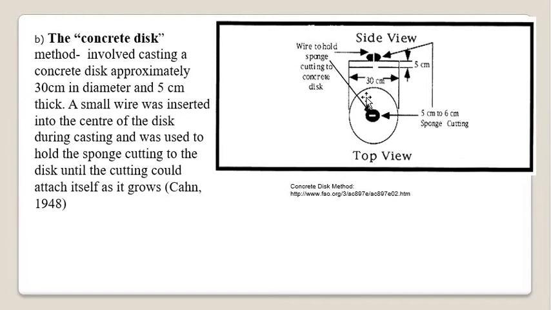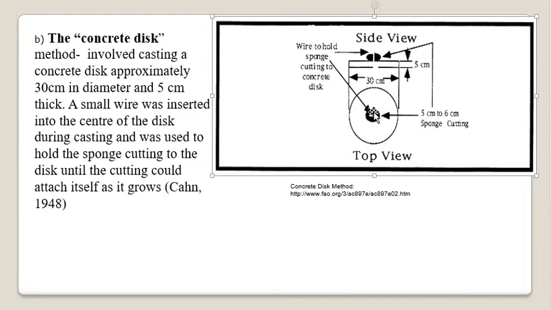This concrete disc is 5 to 6 centimeter thick, quite bigger in size, you can say. A small wire was inserted into the center of the disc during casting and was used to hold the sponge cuttings to the disc.